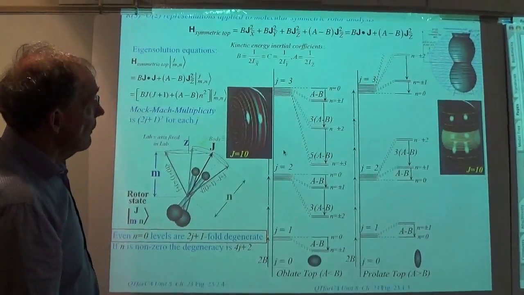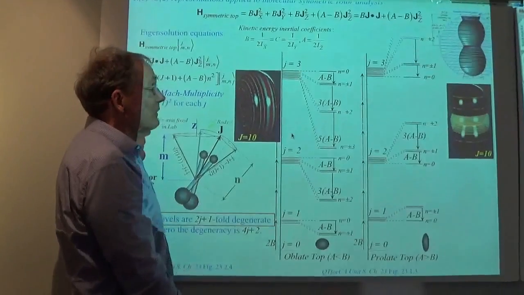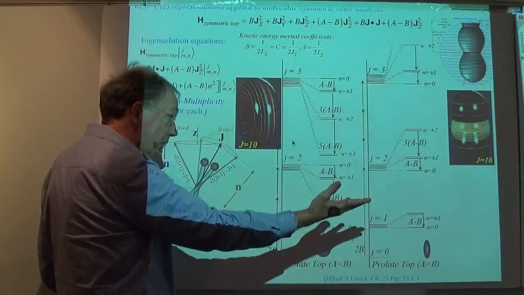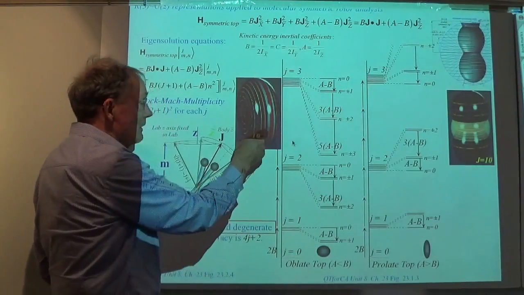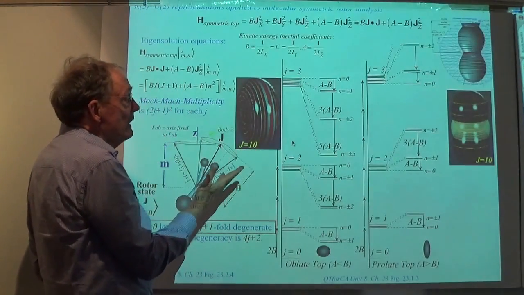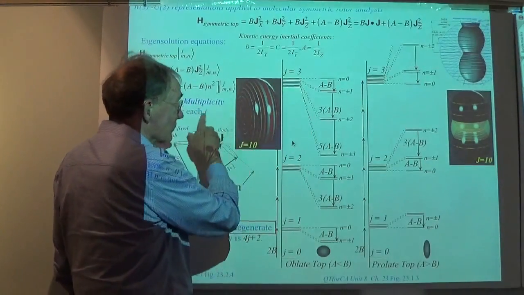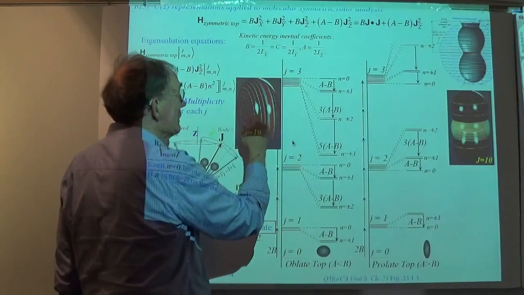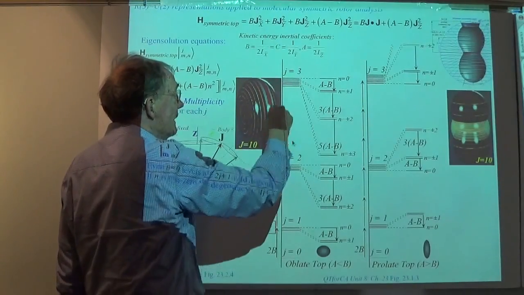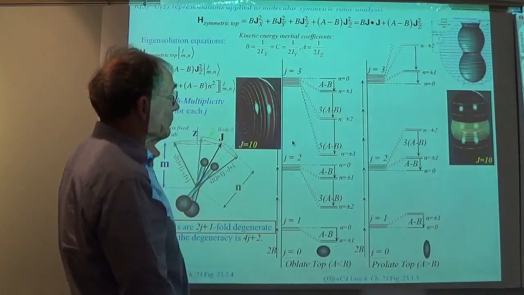So here are the energy levels listed in the way they normally are, stacks of lines representing quantum eigenvalues, and the two extremes of symmetric top are this oblate top here, an object that's shaped like a frisbee and has more inertia around this axis, what you could call the z-axis if you want to look at it horizontally, than it does around the axes perpendicular to the z-axis, say y and x, or this would be x and that could be y, if that was z coming out this way.